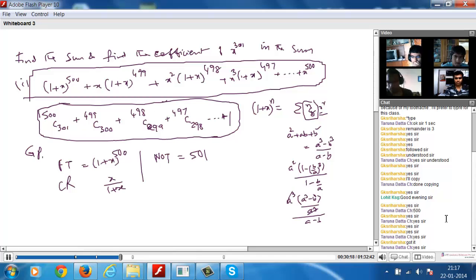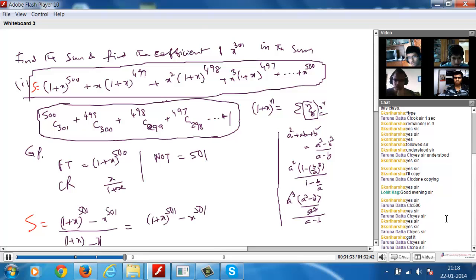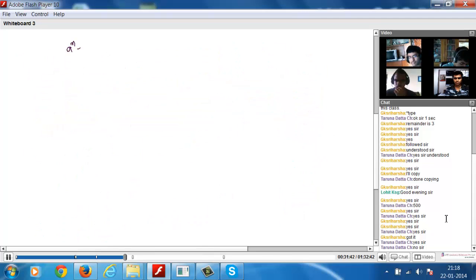So what is your guess? What is your take on this? This is the clue. What do you think is the sum? It is 1 plus x whole to the power 501 minus x to the power 501 divided by 1 plus x minus x.